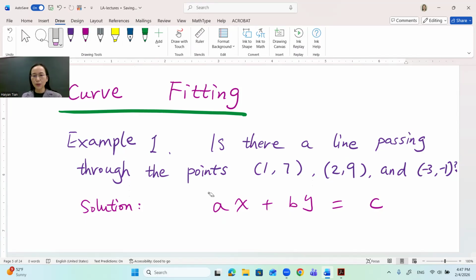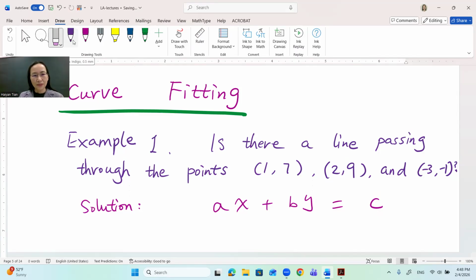But right now we don't know, and we want to see whether it's possible to find numbers for a, b, and c such that this straight line equation will pass through all 3 points.